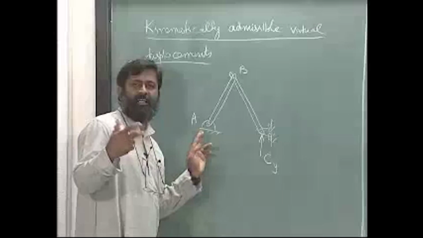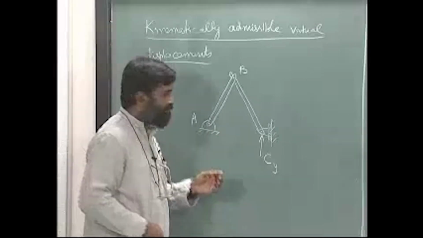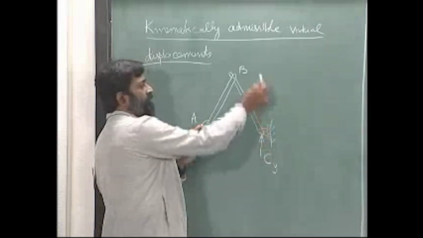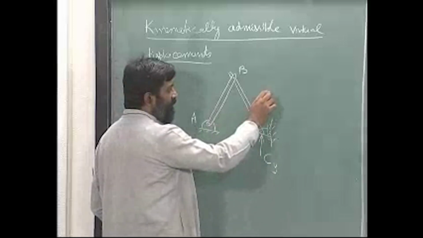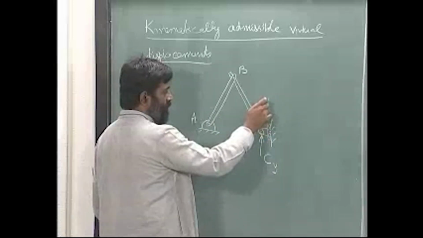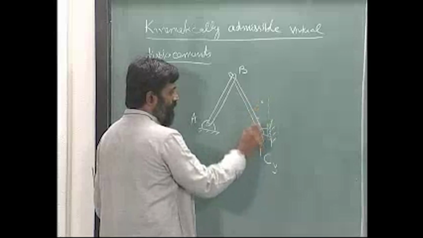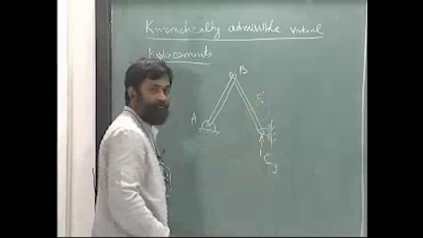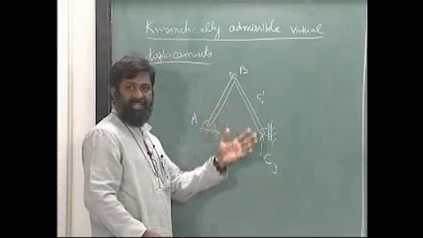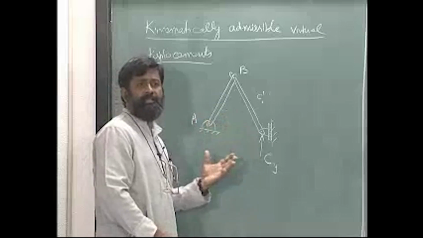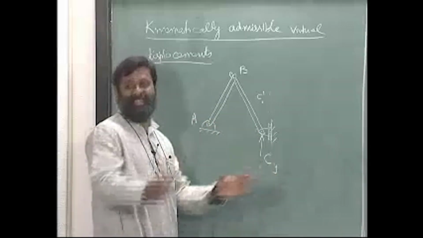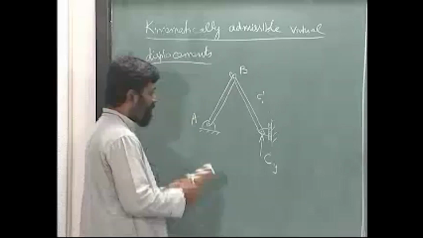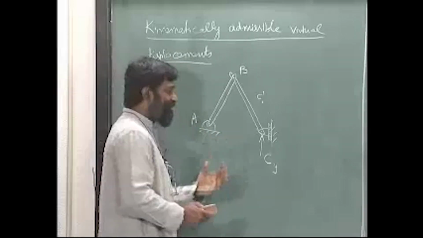Now, let us get a feel for what should happen. Supposing I push this guy up, let us say I have taken it all the way here, okay. So, the point C has now moved to C prime. Just to make it very clear, I am going to make this entire diagram a line diagram, okay. That makes it simple for me to draw also.